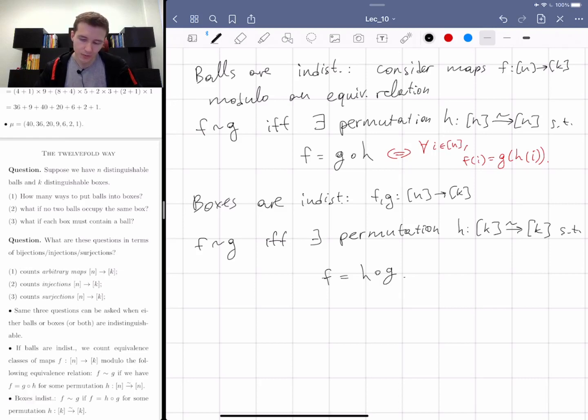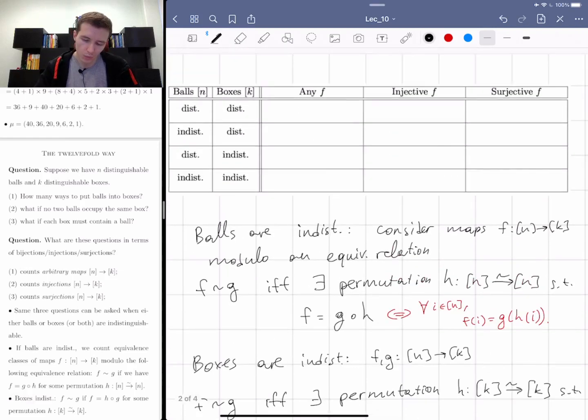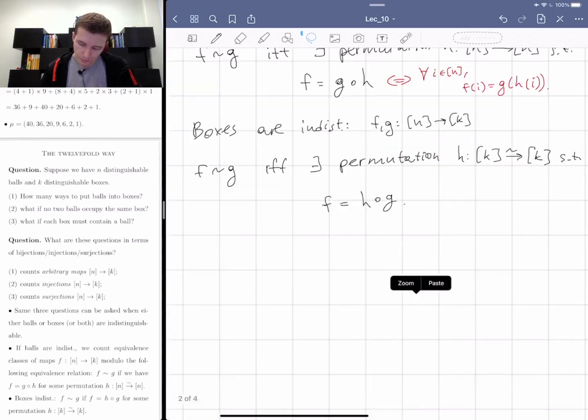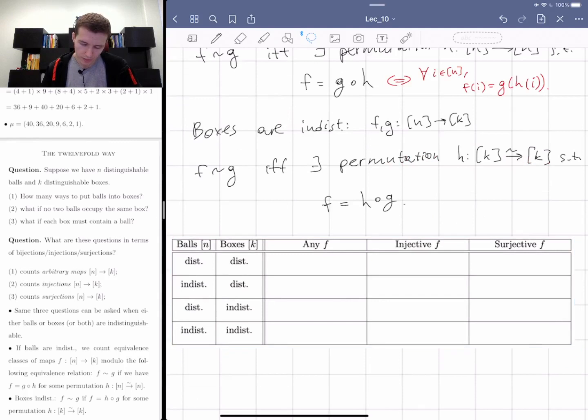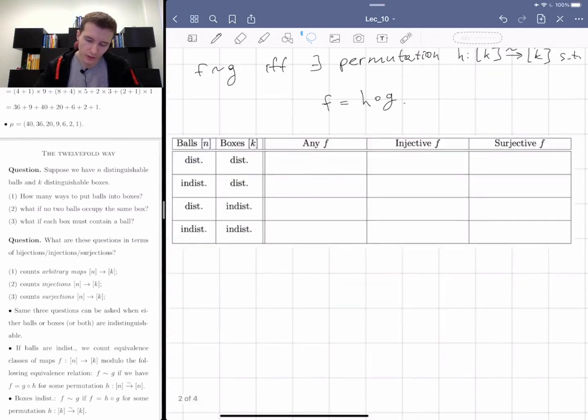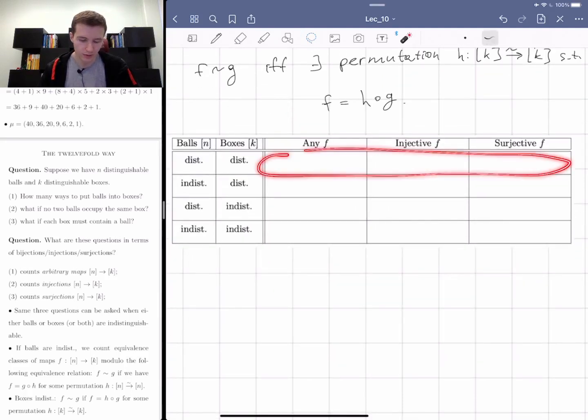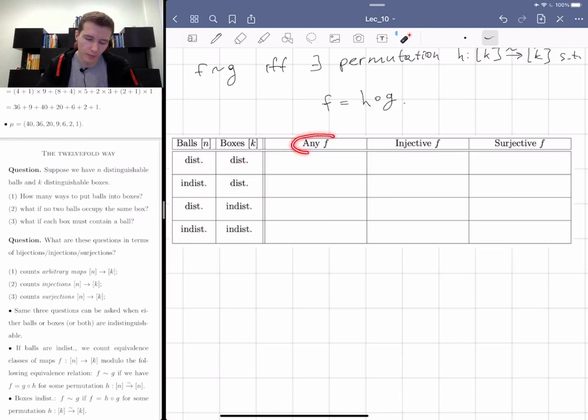Okay, so now let me start filling out the table. The first row is going to be particularly easy and something we have already seen before. If the boxes and the balls are distinguishable, then there is no equivalence relation. So I'm just looking at all possible maps f from bracket n to bracket k.